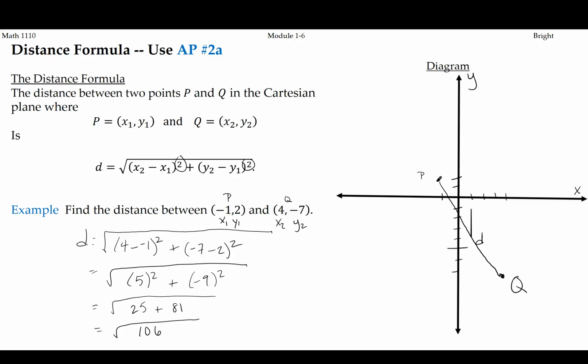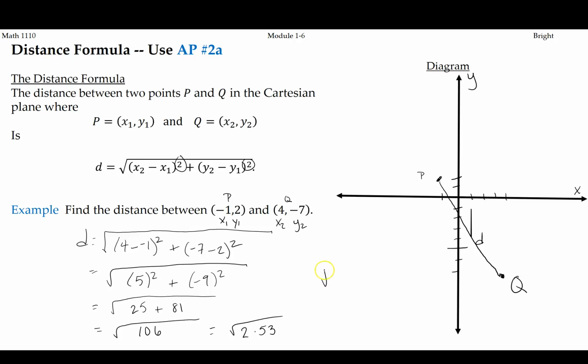Okay, and actually that's as simplified as you can get. Just for your reference, don't copy this down, but you would say this is the square root of 2 times 53. Both of these are prime numbers, so you can't simplify it any further. Normally you would want to reduce this.